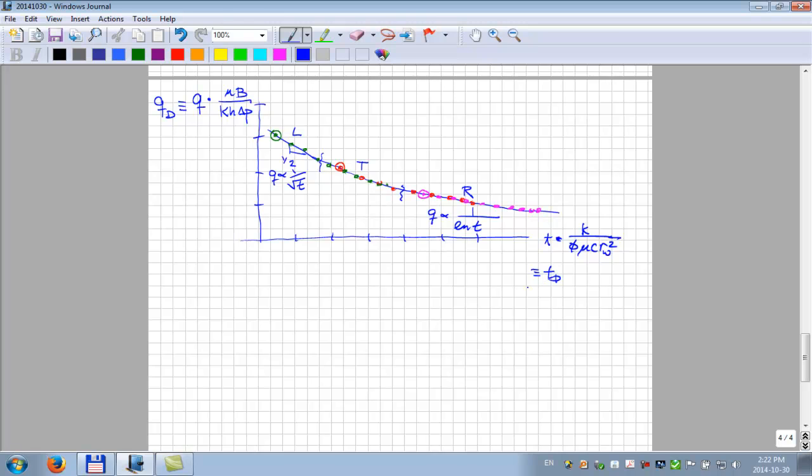Anyway, q_D, t_D. And it was a Russian, Sadovich, I probably don't spell it right, something like that, who did this solution first.